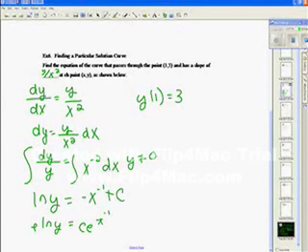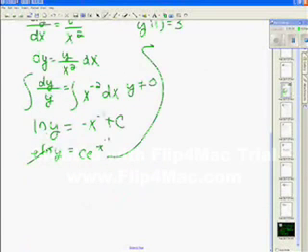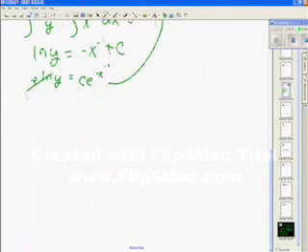When I raise e to a natural log, what happens? It goes away. I get y equals c e to the negative x to the negative 1, or c e to the negative whatever x.